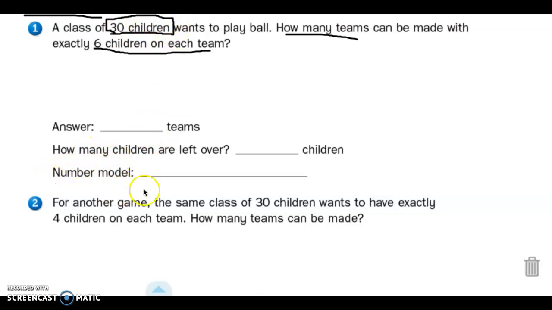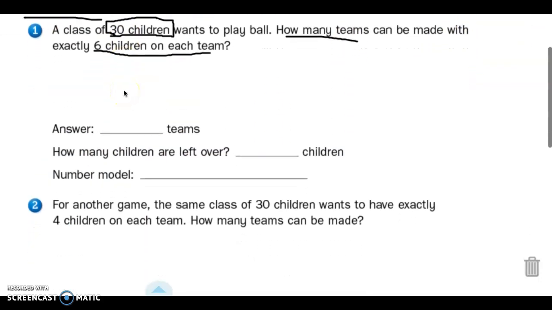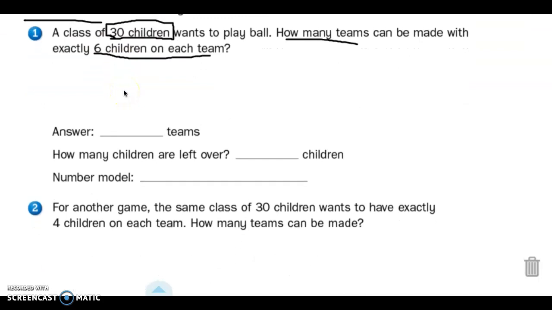Now, look, it says number model. Remember, we have to write a division number model. When we draw division stories, division number models, our largest number, our total number always goes where? Do you remember? Our largest number always goes first, and that's what gets divided equally. So since we know 30 is our total, their big number they started with, it's 30 divided by something, right?